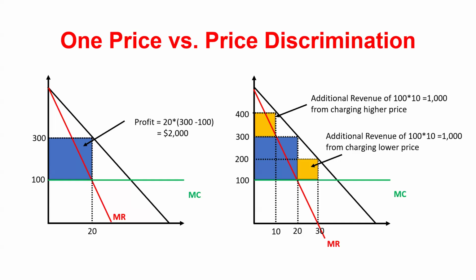Now, if this wasn't perfect price discrimination, with a single price monopolist, here was my consumer surplus, here was my deadweight loss. What triangles would represent consumer surplus here? Consumer surplus is the difference between the demand curve and the price they pay. So these three little triangles, I would still have some consumer surplus. I haven't driven it to zero.